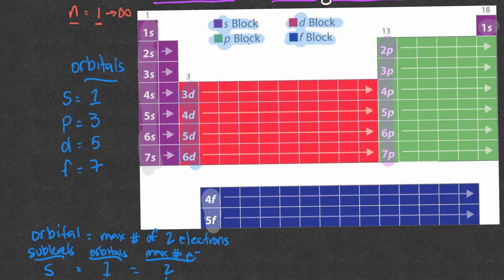If you're looking at this periodic table, hopefully you can see that in the second energy level, you have S and then P. Starting from the third, you have S, P, and D. And then in the fourth energy level, you have S, P, D, and then F.